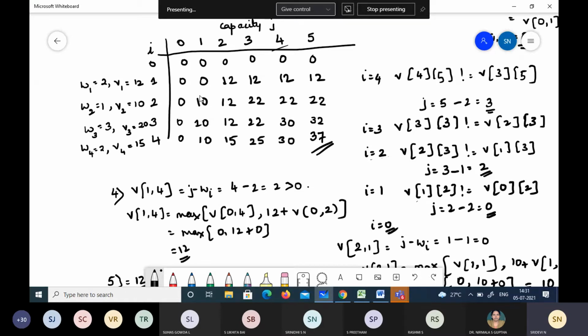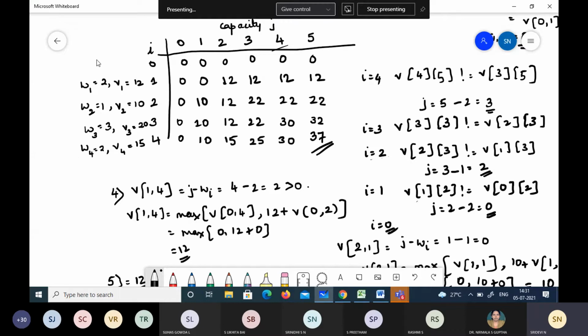So according to this problem, the objects which are selected are 1, 2 and 4. We can check here. Add the profit: 12 plus 20, 22, plus 15, 37. And what about weight? 2, 1, 2, which is equal to the knapsack capacity.